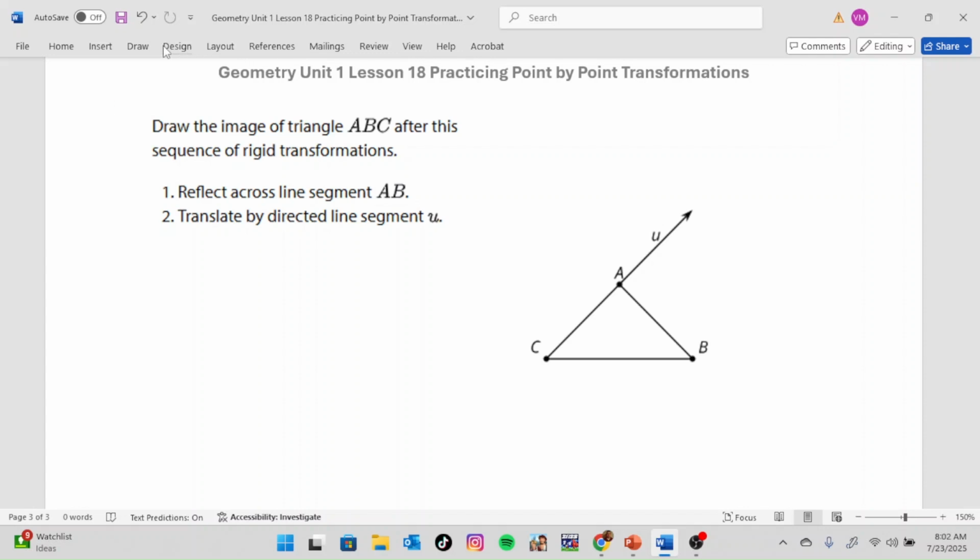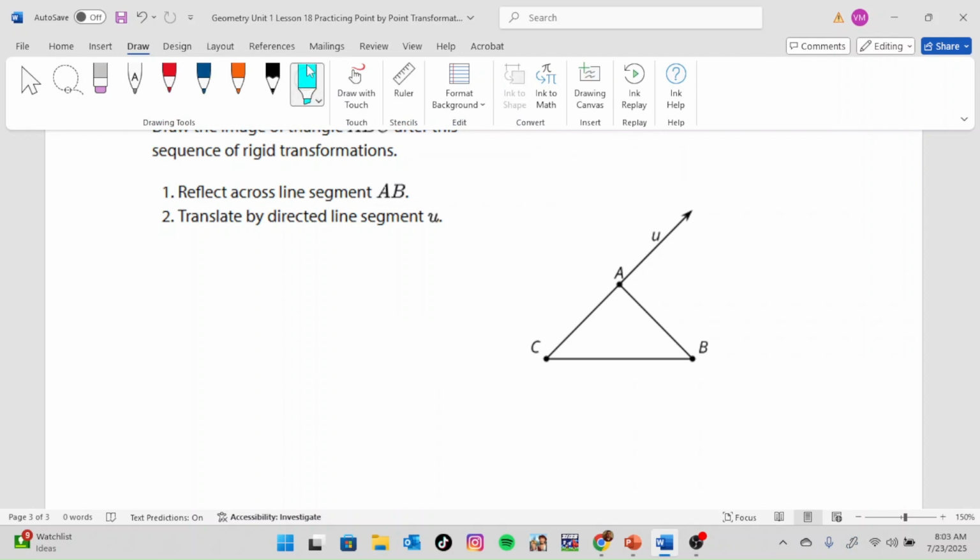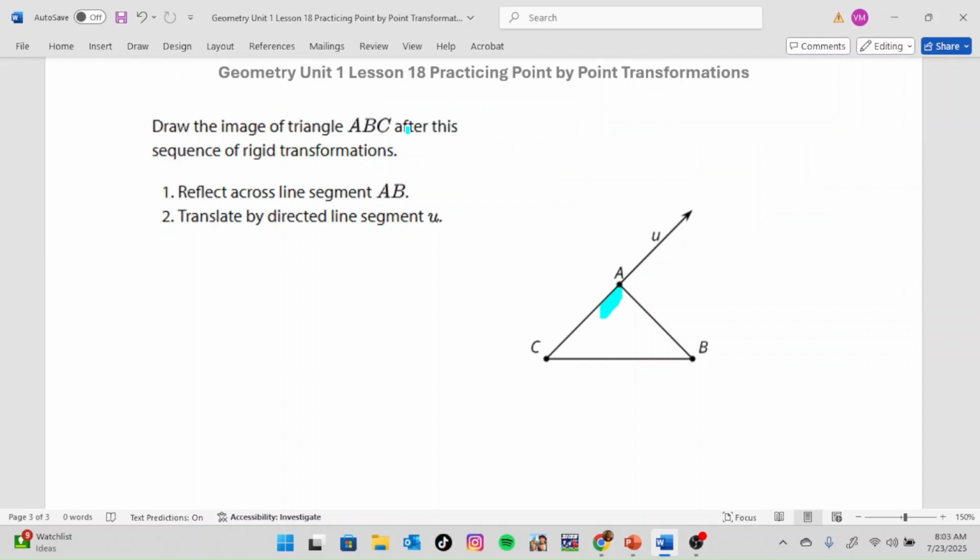So just to be clear, the only part of this drawing that we are transforming is just the triangle part. We're not going to be doing anything to this directed line segment U. It's just there for us to be able to follow the directions with.